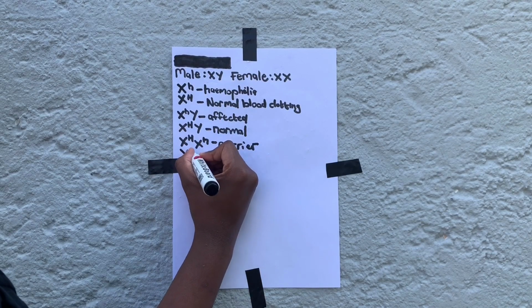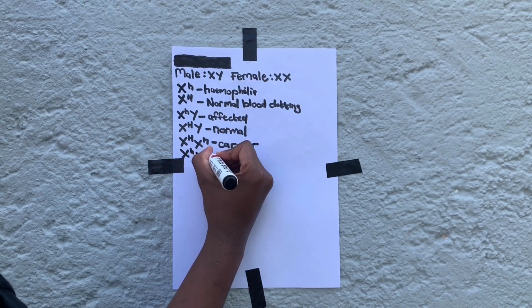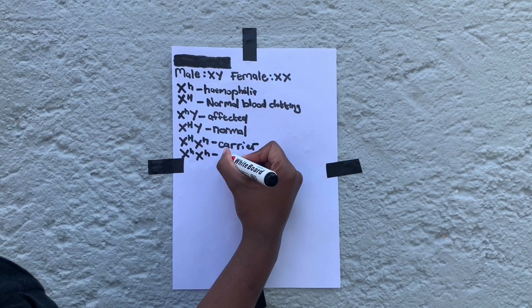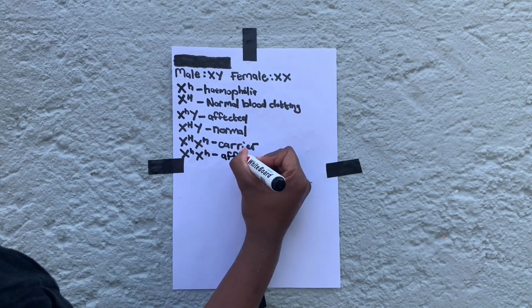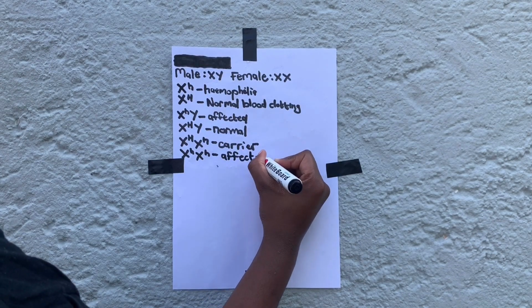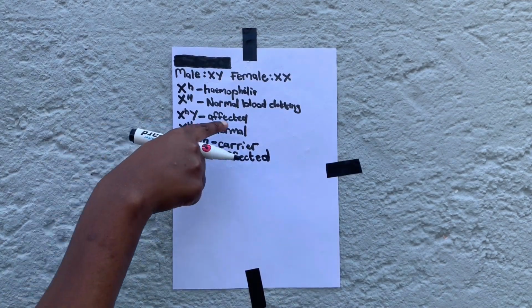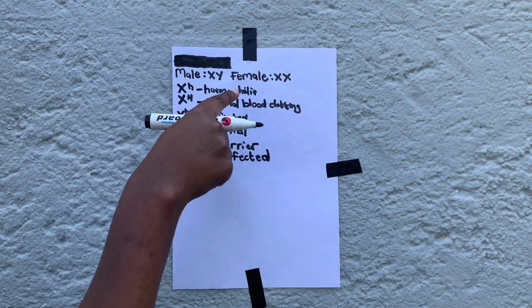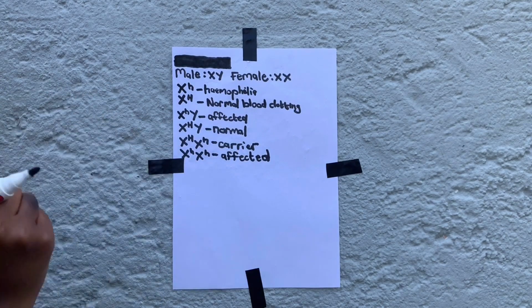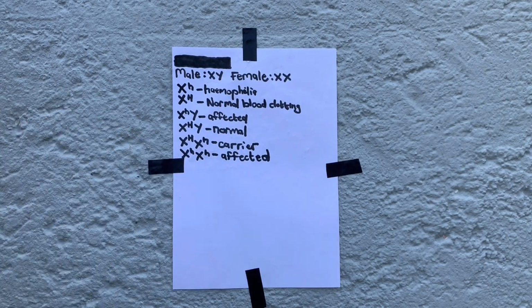And then this is an affected female. So you see, the chances of males having hemophilia are higher than that of females. So we're just going to do a genetic cross to put all of this in action.